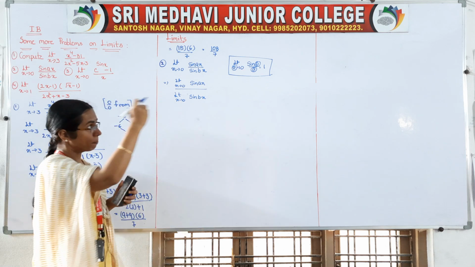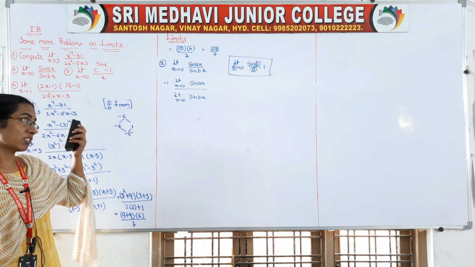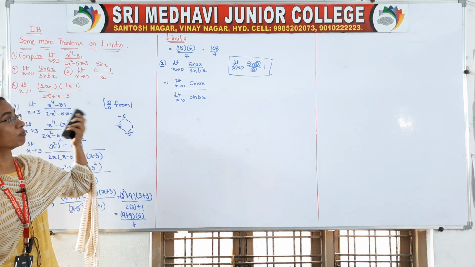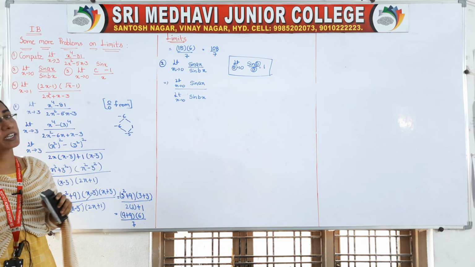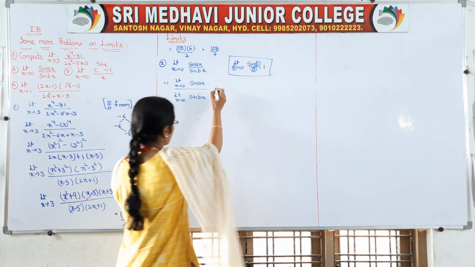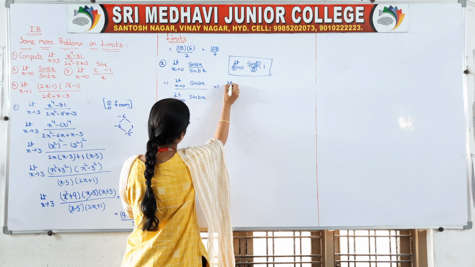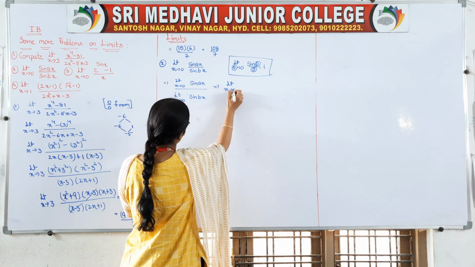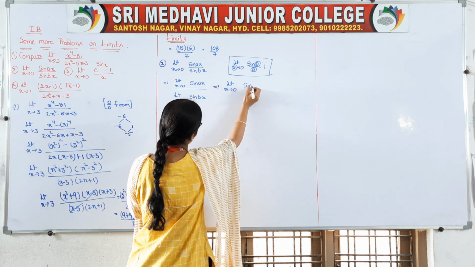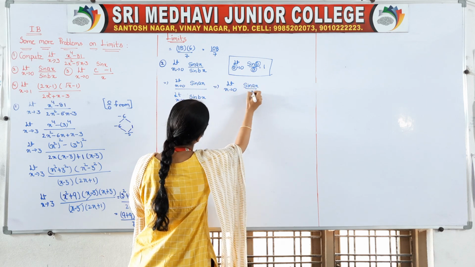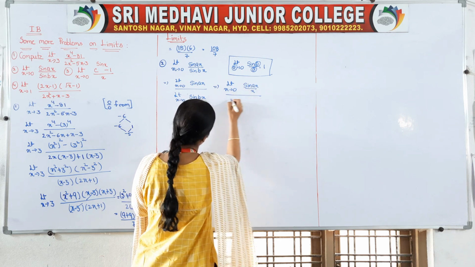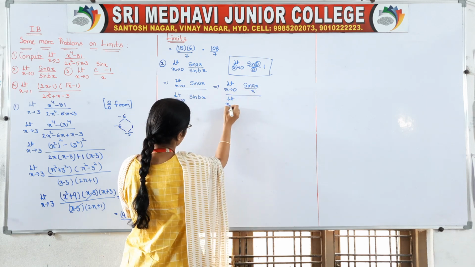We want sin theta by theta. That means first of all we need x in the numerator as well as the denominator. So we divide the numerator and denominator by x. We can do that in mathematics. If we want to divide, we have to divide the numerator as well as the denominator.